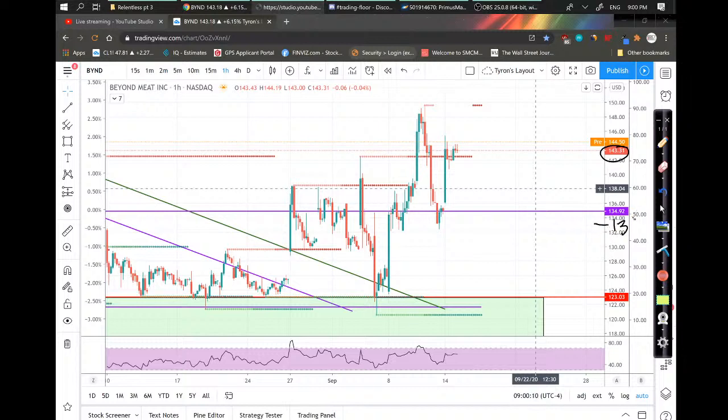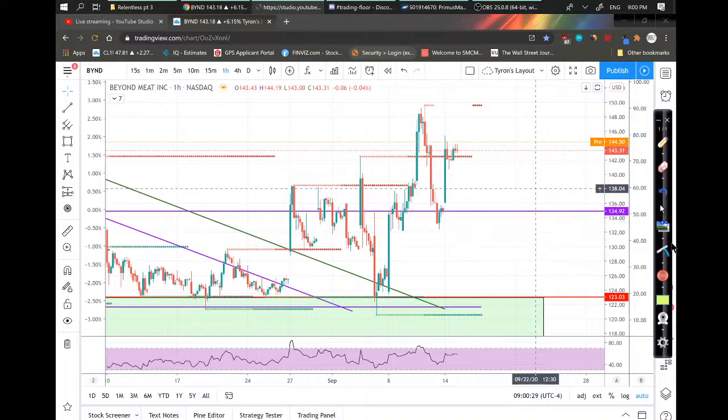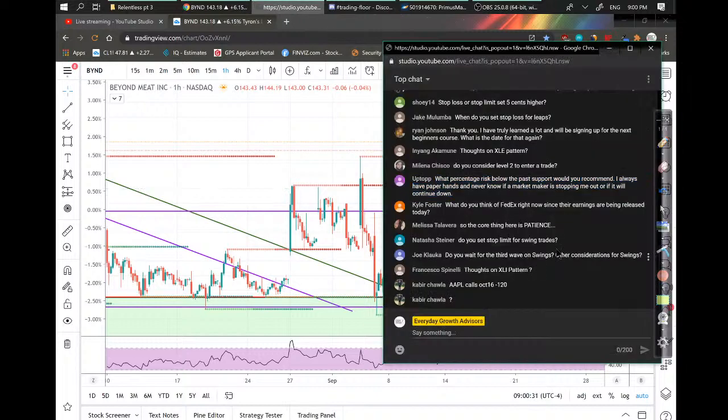I'm expecting a $10 loss on the stock. Let's say this is my tolerance. Then I would figure out for that contract that I own what the delta value is, and I would multiply it by 10 because each move represents one delta. I hope you got that.